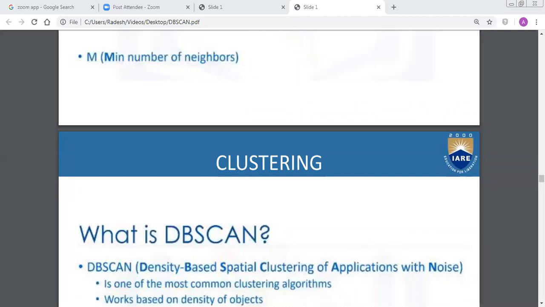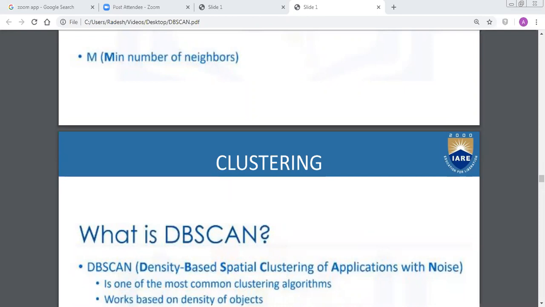Yeah, ma'am, the definition itself, what I am saying: DBSCAN, the name says, D stands for density, B for based, S for spatial, C for clustering, A for applications with noise. The applications which are noise prone, for them DBSCAN is going to function especially well, so that the outliers or noise can be easily removed when compared to k-means clustering and hierarchical clustering.